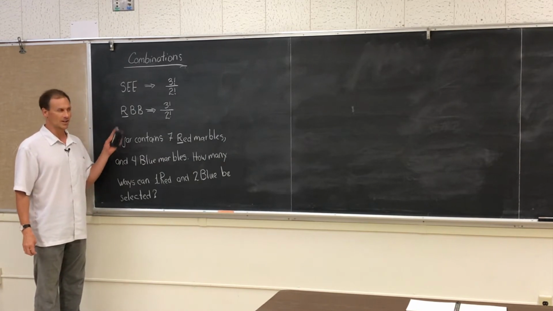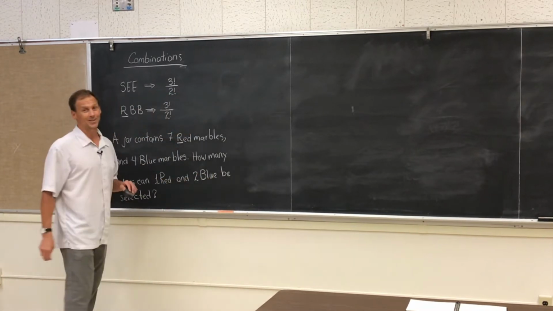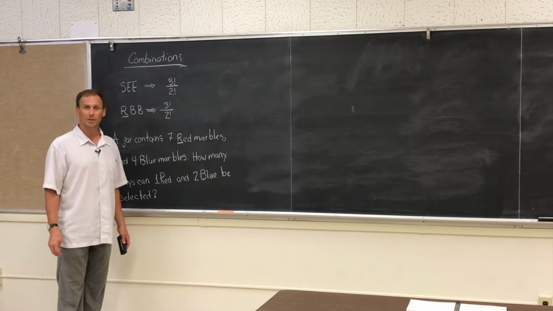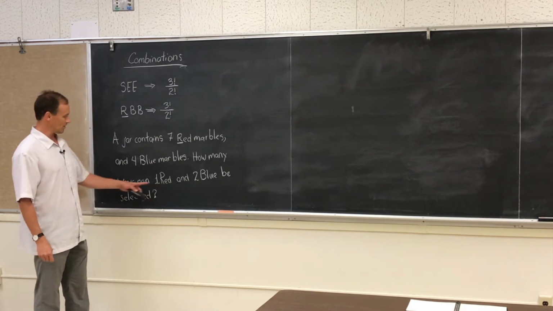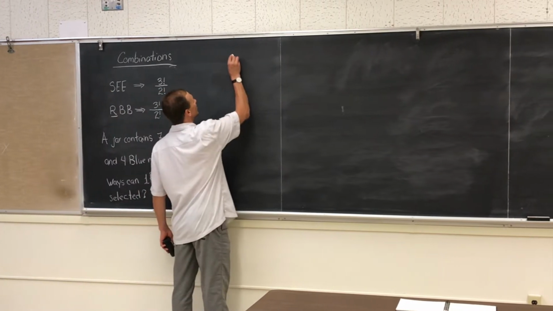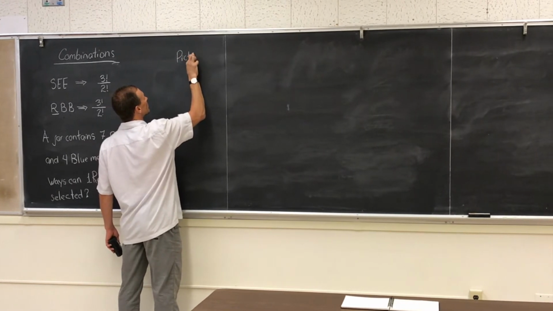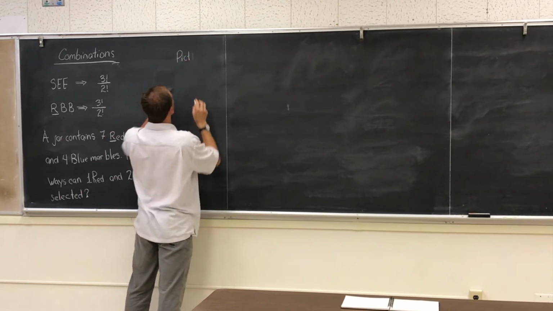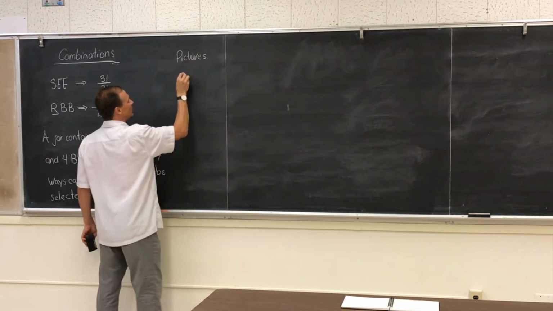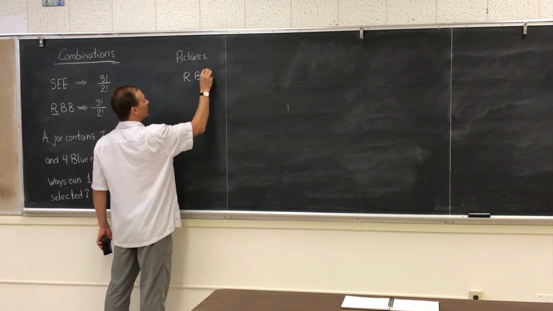So let's come over here and let's rewrite the problem. And you may not be surprised, but I think the best way to approach these is with a picture. And let's just draw a picture of a red and 2 blue being drawn. Now, let's take a few pictures that you might have written. Now, the obvious picture is the one I've already written, and that was a red, a blue, and a blue.